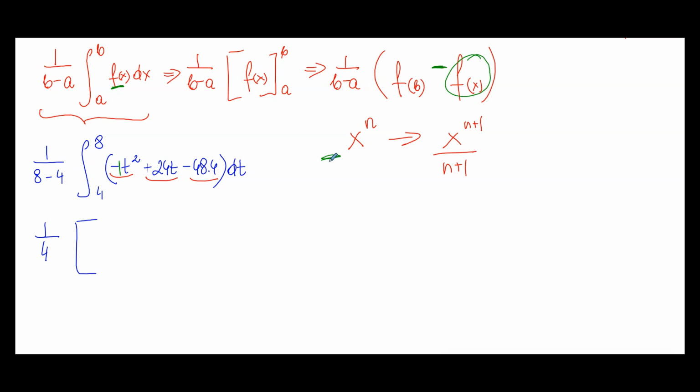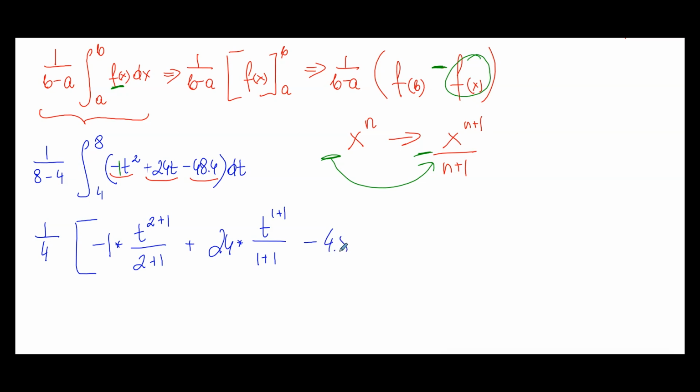Remember that integration is the reversal of derivative, so the coefficient is carried over the same way. That minus 1 will carry over, then t has power of 2 plus 1, and we divide by that power plus 1. Plus 24 is carried over, and then t, the power here is 1, therefore plus 1, divided by 1 plus 1.